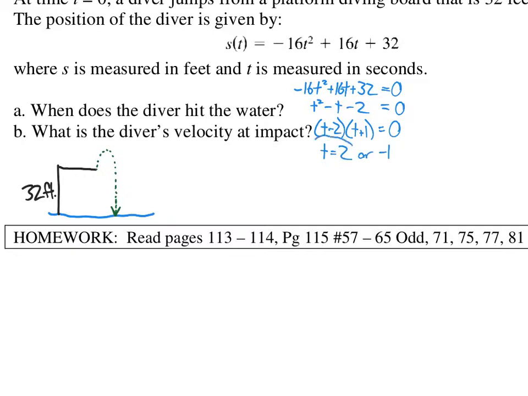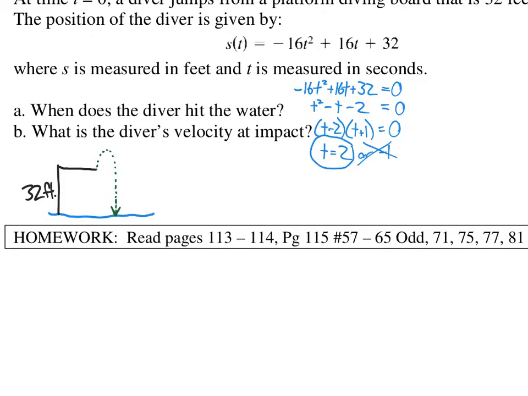So we're going to use the 2, because in our realistic situation, it wasn't moving before we started looking at it. Now, there may be applications where we could consider a negative time because it was already moving when we started the clock. So t equals 0 isn't when it first started moving, but this isn't one of those times.